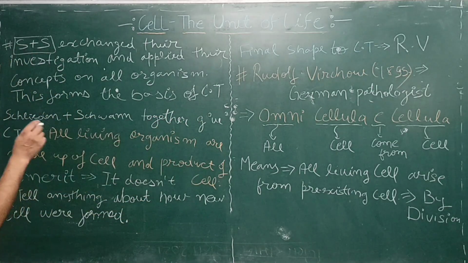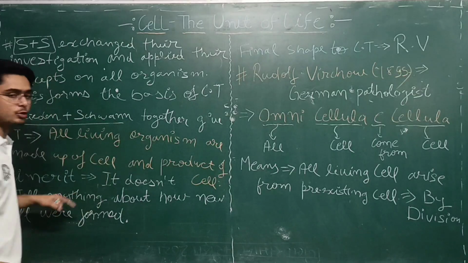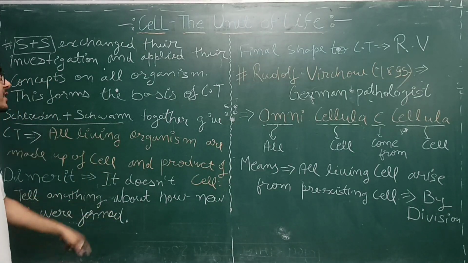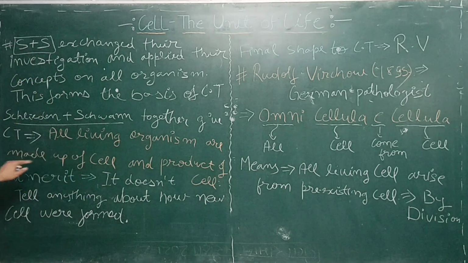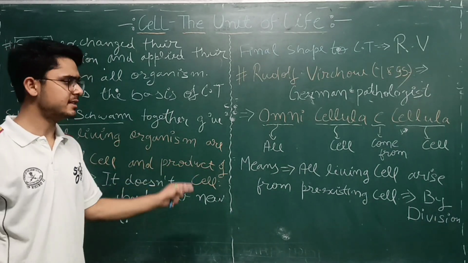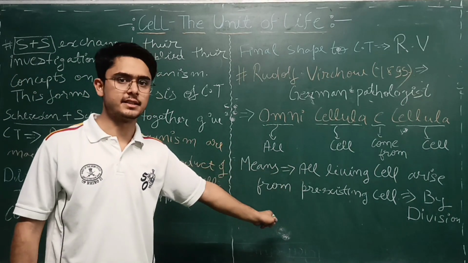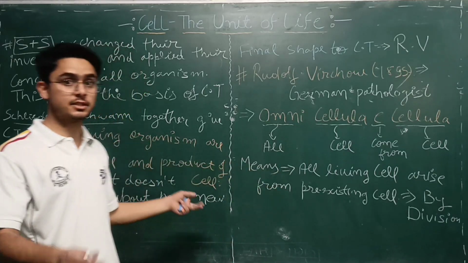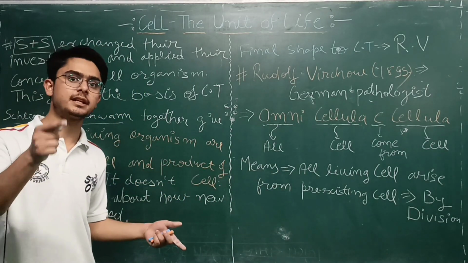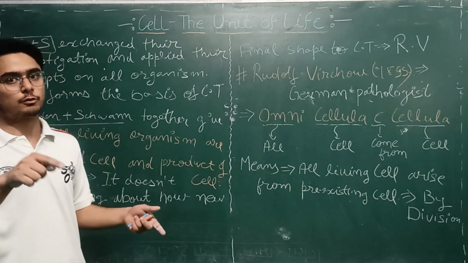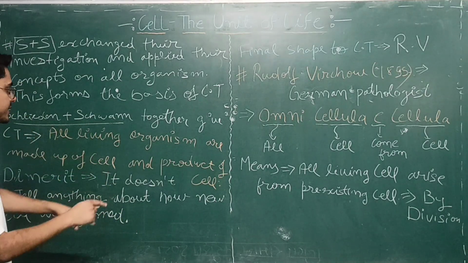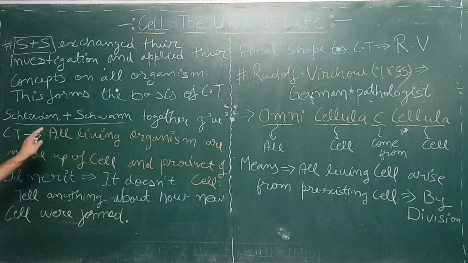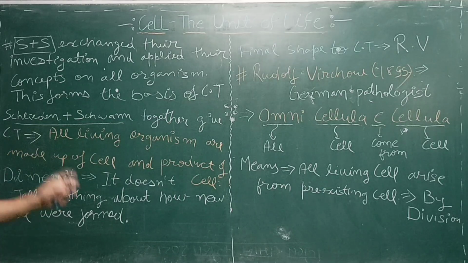Together they gave that all living organisms are made up of cells and products of cells. Schwann also said this in his hypothesis, but that hypothesis needed to be experimentally proved to become a theory. So now they came together and proved it experimentally, and now it becomes the cell theory, not the cell hypothesis.